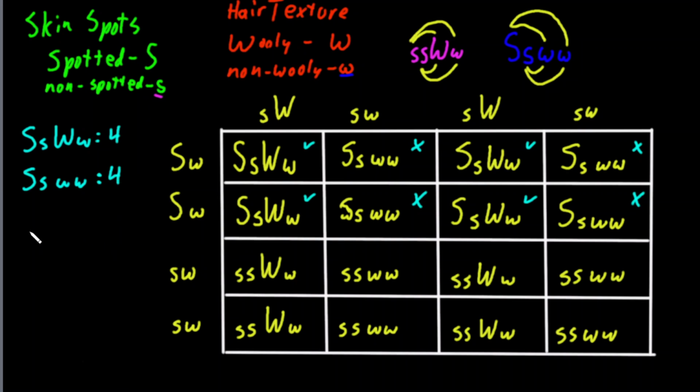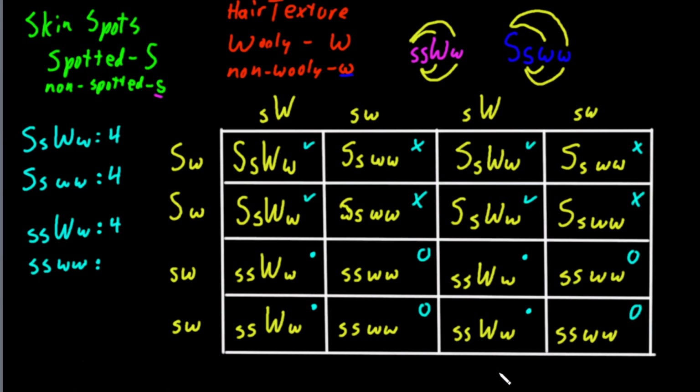Let's see. Non-spotted, heterozygous for woolly hair. 1, 2, 3, 4. And now homozygous recessive for both. 1, 2, 3, 4.